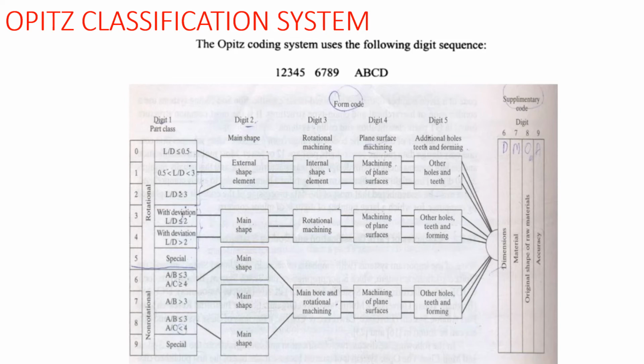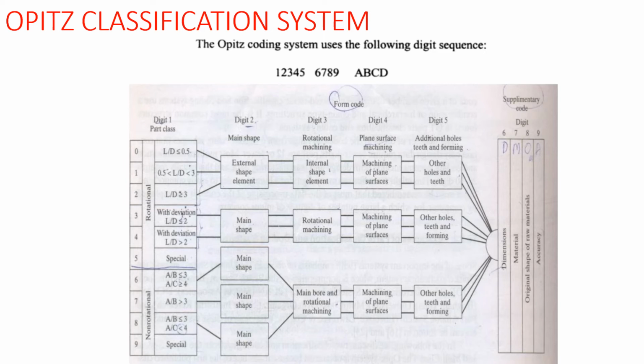Digit 2 represents the main shapes, like external shape elements or main shape. Digit 3 represents rotational machining, where internal shape element, what kind of rotational machining is done, like main bore.